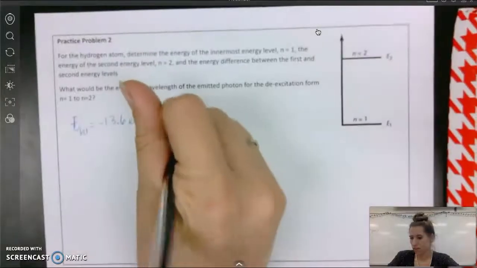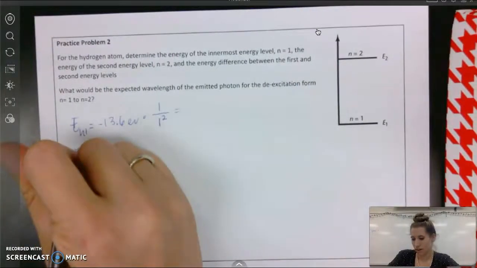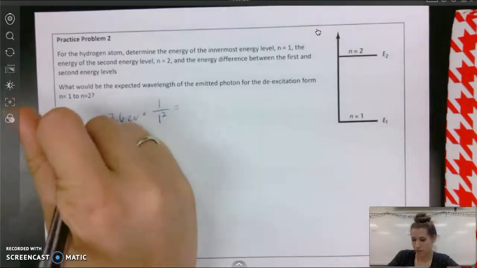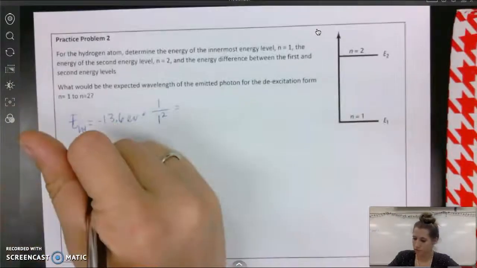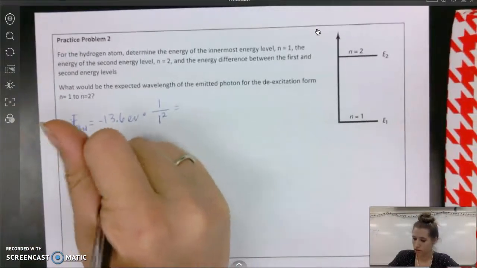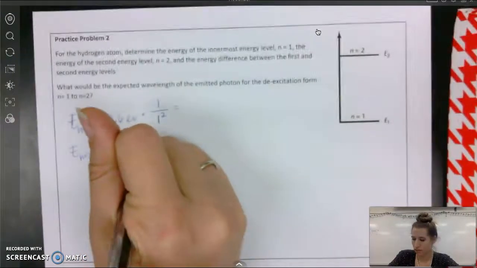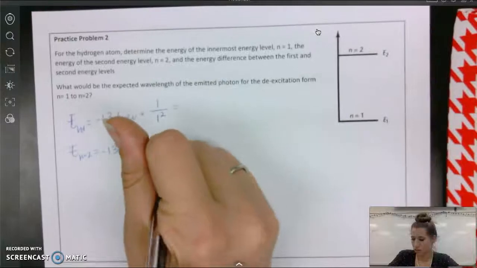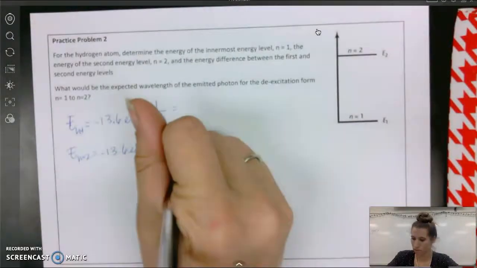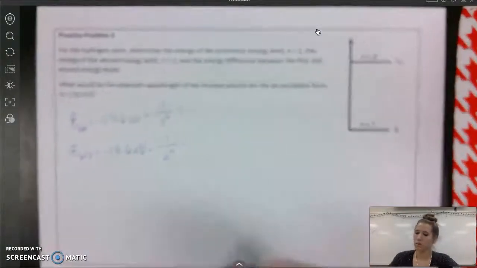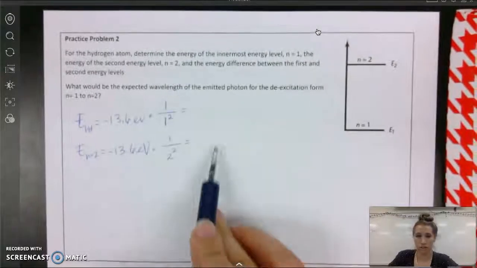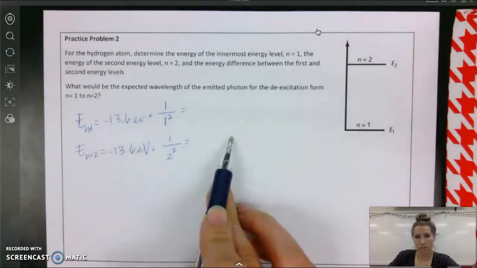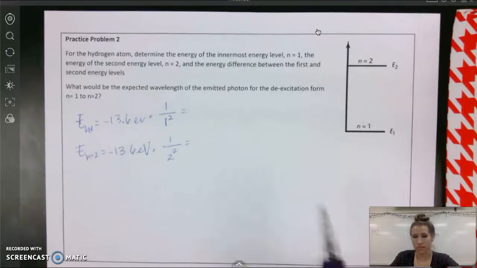And we're going to do the same thing for n equals 2. This will be that same constant value, 1 divided by 2 squared this time. So we're going to get these numbers, and then we're going to find the difference between them.